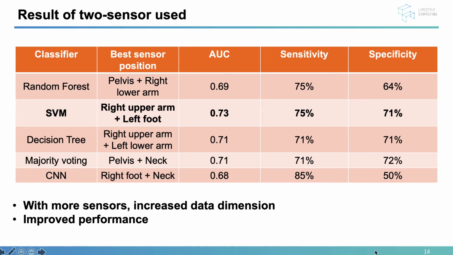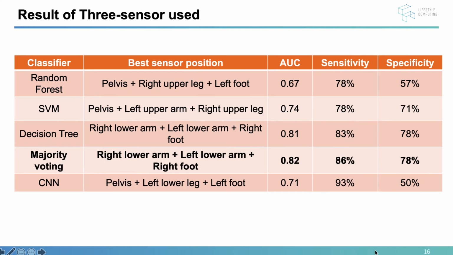Adding one more sensor makes the result better. With 3 IMU sensors used, the majority voting classifier can reach 0.82 AUC, which is a very good result. If we look at the top-ranking layouts, we can see that the sensor placements are basically on the end limbs, such as the lower arm and foot.